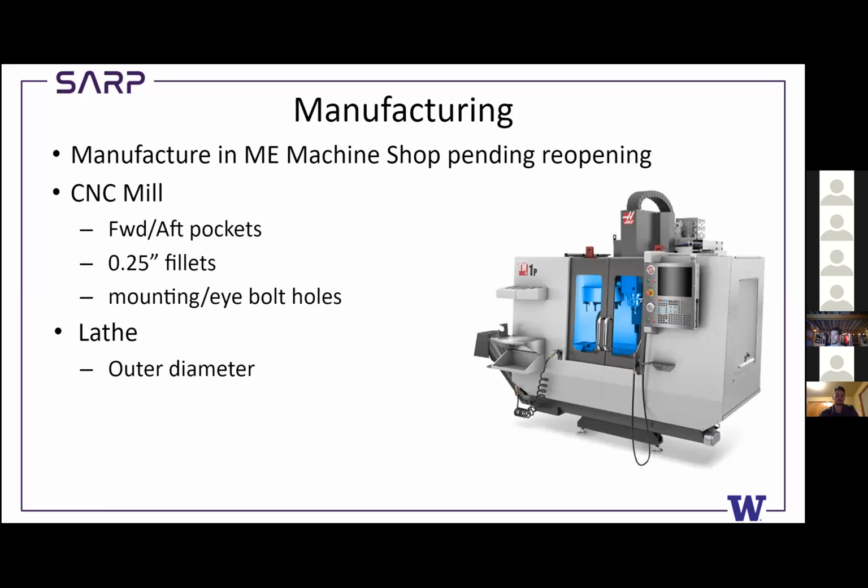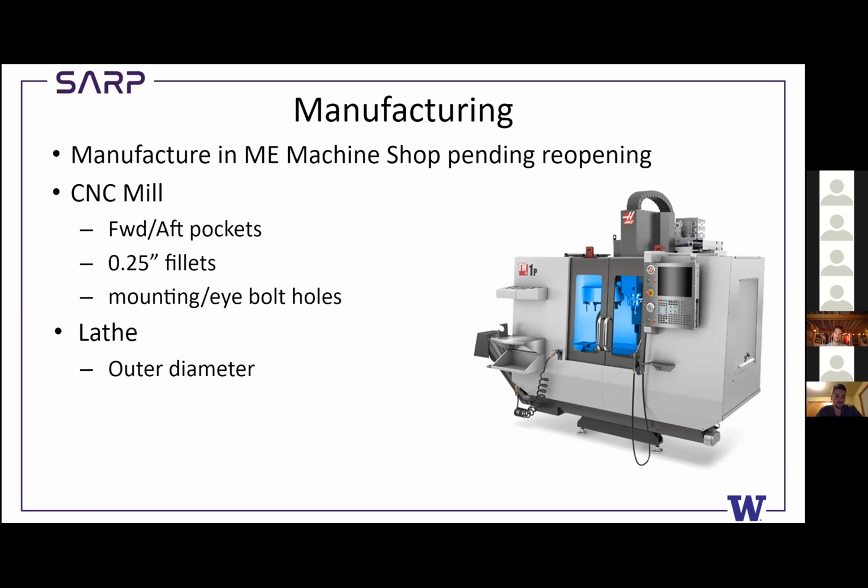Next slide, please. All right, and so our manufacturing, definitely all dependent upon if the ME machine shop does reopen, but right now we're projecting that it will. With that, what we're planning on doing is having the CNC mill machine most of our part, including the forward and aft pockets and the 1/4 inch fillets.